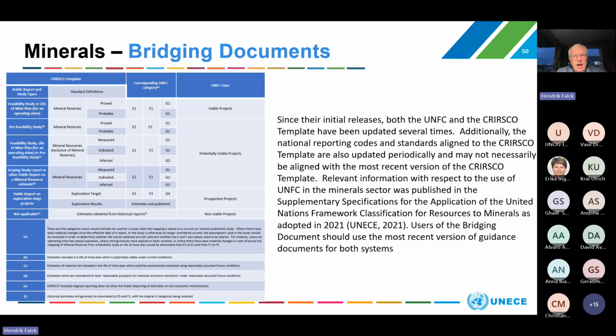It allows you to see how the different UNFC classes line up with the CRIRSCO templates and make that adjustment. Now, previous bridgings have set the tone here, and really this bridging document has added more detail to allow greater granularity and more relevant information to be used in the new classifications as they're coming out for the strategic projects here.